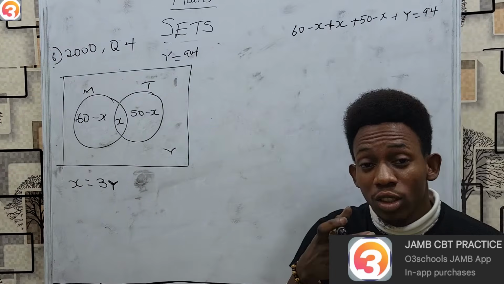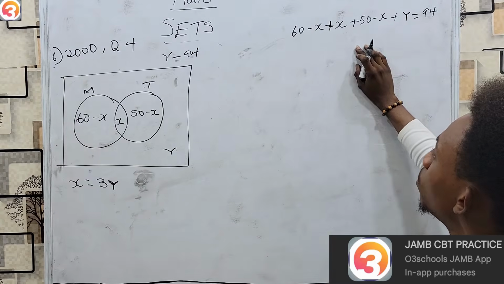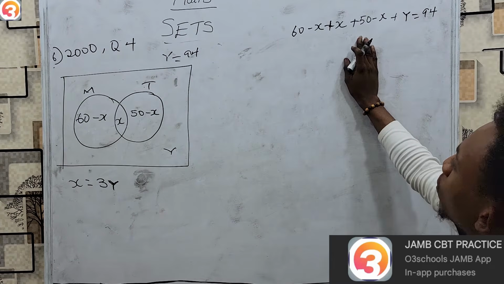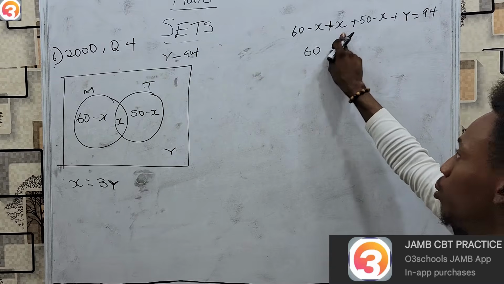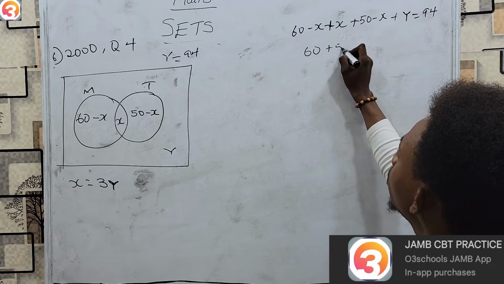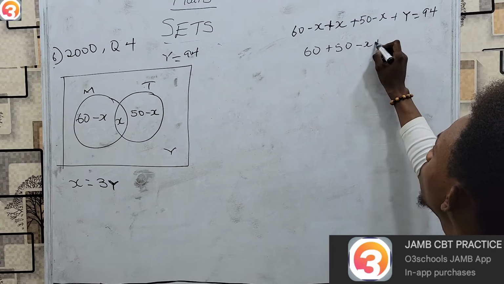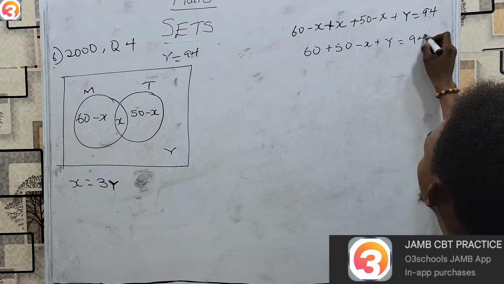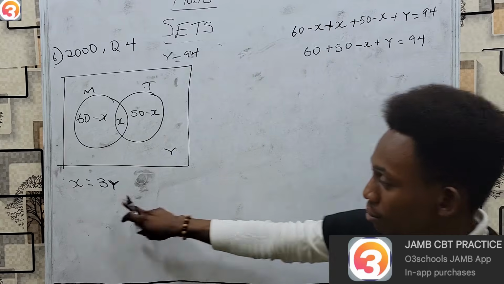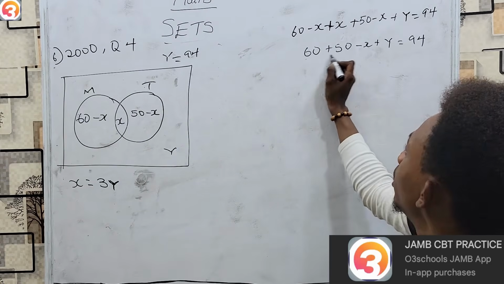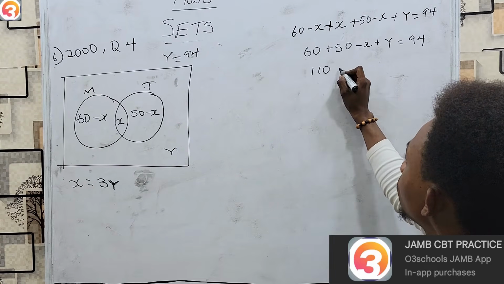Now, obviously, I can't solve when having different variables within. But let's just see what happens first. Minus x plus x is 0. So you're having 60 plus 50 minus x plus y equals 94. However, I know that x equals 3y. So I can substitute. 60 plus 50 is 110.